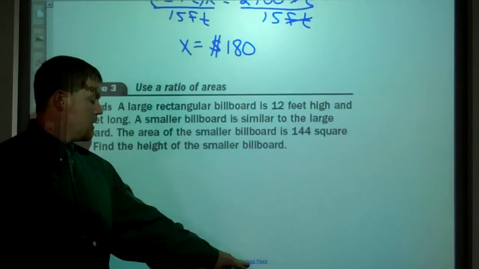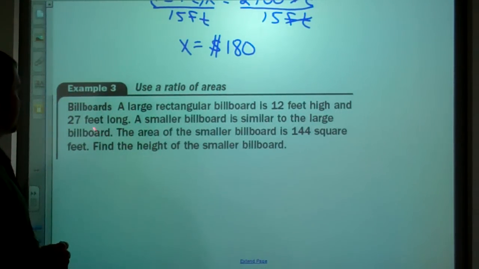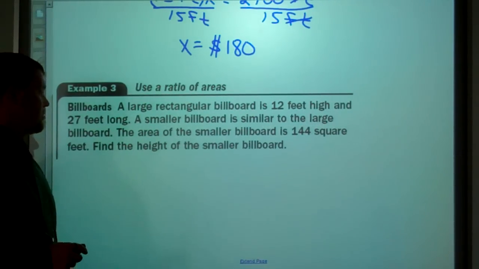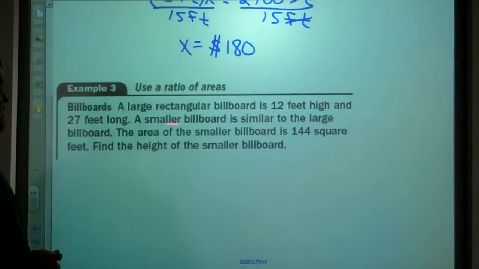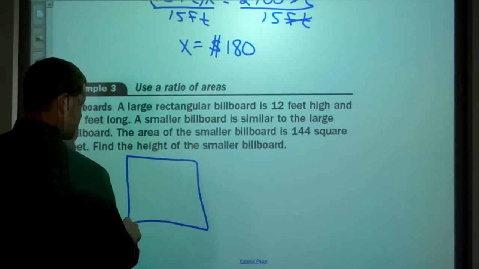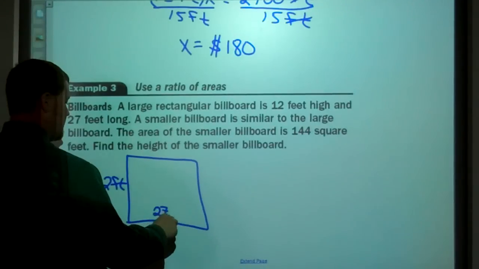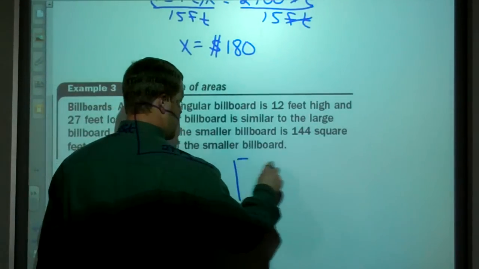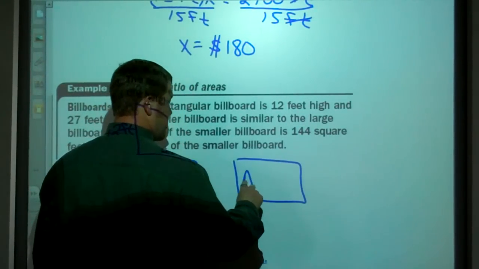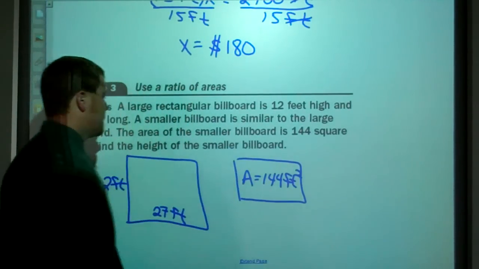Next one. A large rectangular billboard is 12 feet high and 27 feet long. A smaller billboard is similar to the large one. The area of the smaller one is 144 square feet. So you have a big billboard where you have 12 feet and 27 feet. We have a smaller one, and we know the area is 144 feet squared.